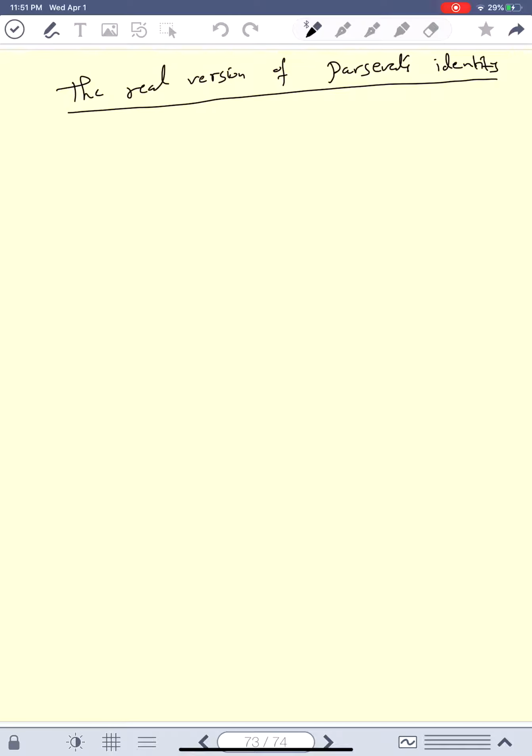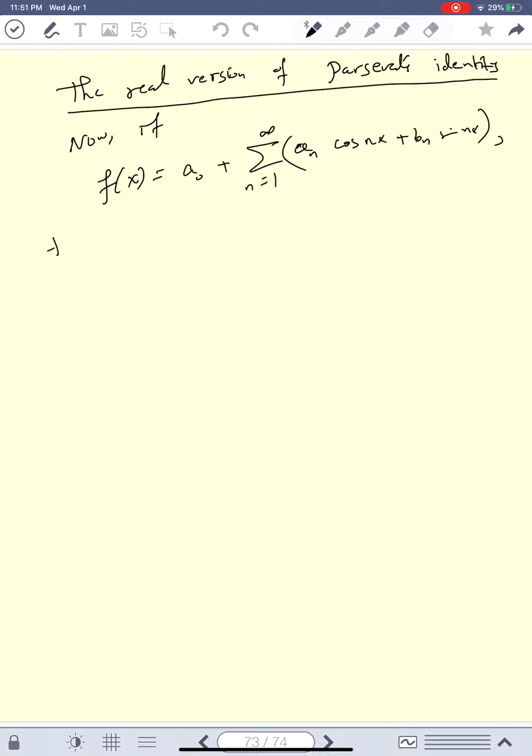So if we use the real Fourier series, if we take f of x as a0 plus the sum from 1 to infinity of an cosine nx plus bn sine nx as the real Fourier series, then what is Parseval's identity in this case?